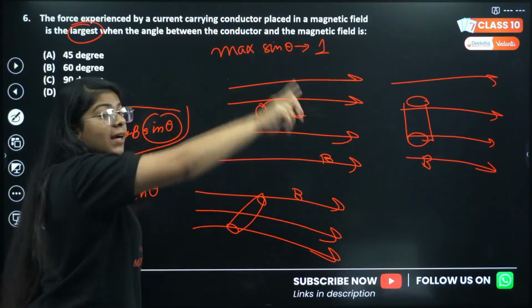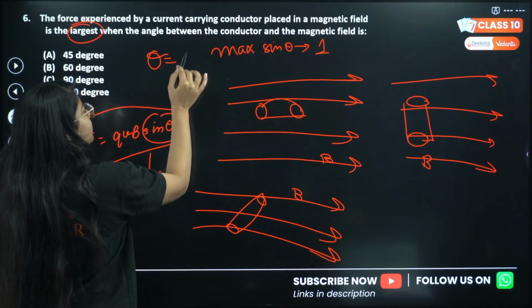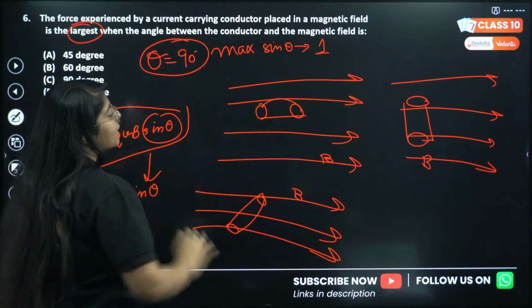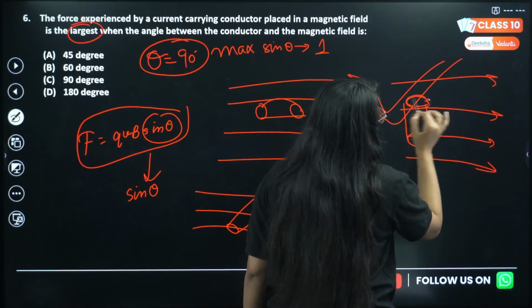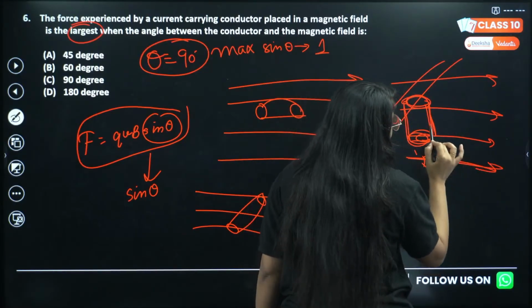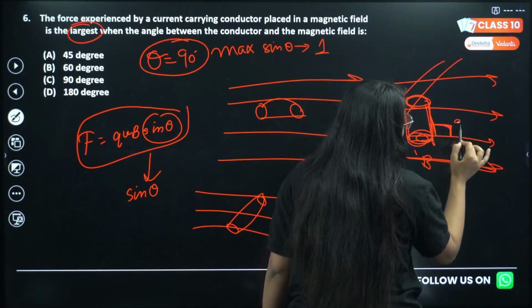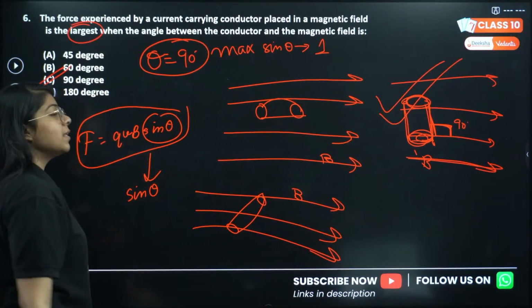At what angle is the sine theta value 1? That is 90 degrees, ma'am. Correct? So the correct case is that the angle between the conductor and the magnetic field is 90 degrees. So 90 degrees is the correct answer.